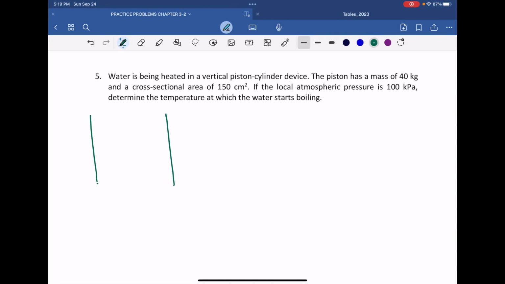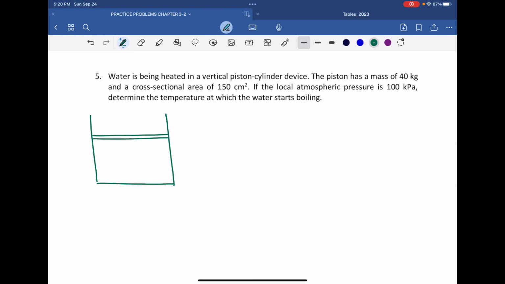So we have a piston cylinder device, okay, and this piston is in balance, okay. And what does that mean? The forces acting on it have to be in balance. So the forces that are pushing it downwards have to be balanced with the forces that are pushing it upwards. And the force that is pushing it upwards is basically the pressure of your system.